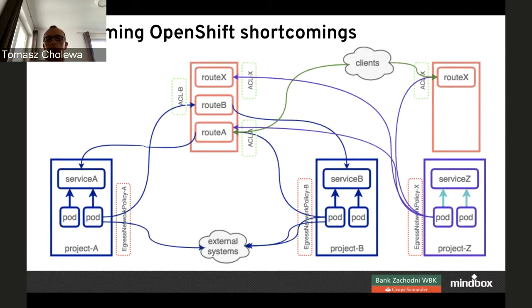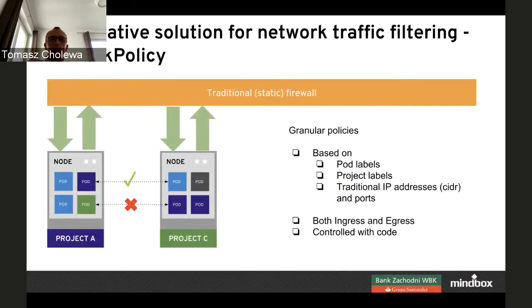And finally, from OpenShift 3.9, we have network policy, and this is a really huge advantage, and this is a feature that makes OpenShift enterprise ready. This is our opinion.